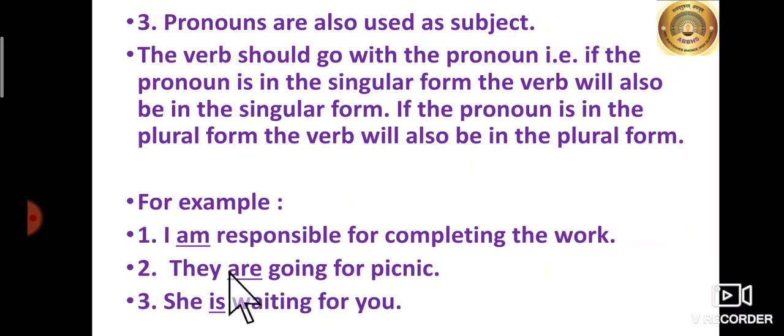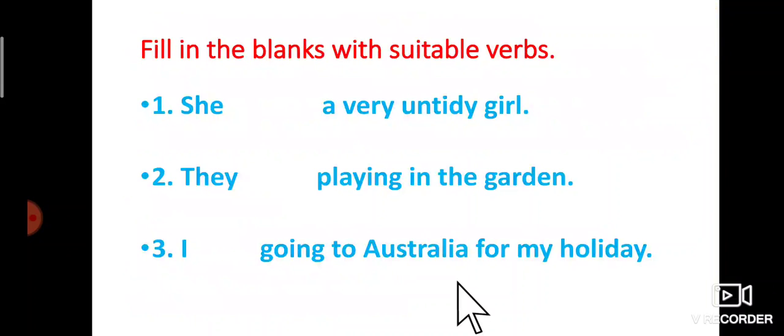They are going for a picnic. She is waiting for you. Again she is pointing towards a person who is in the singular form, and therefore is is used, a verb which is used for a singular thing. So she is waiting for you, and that is how you do your exercise.